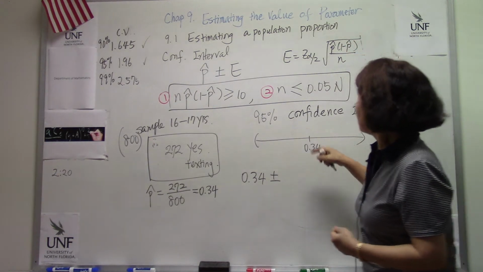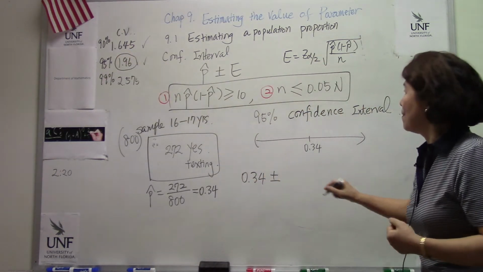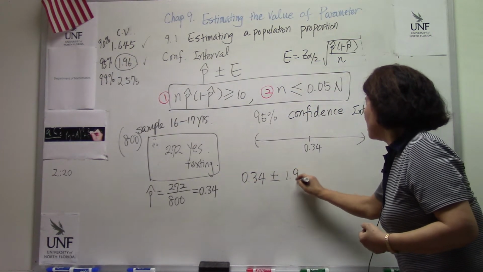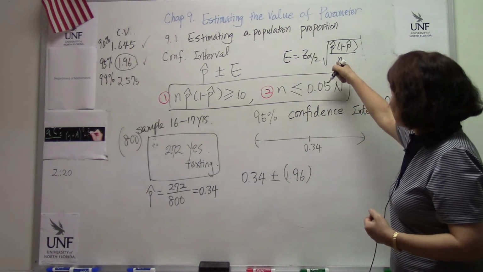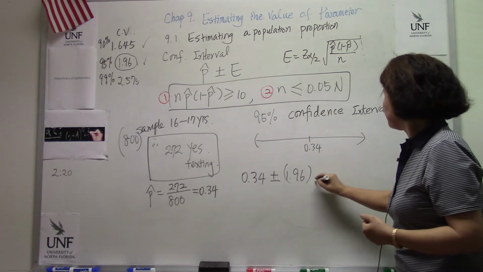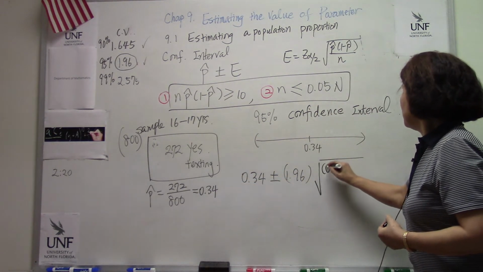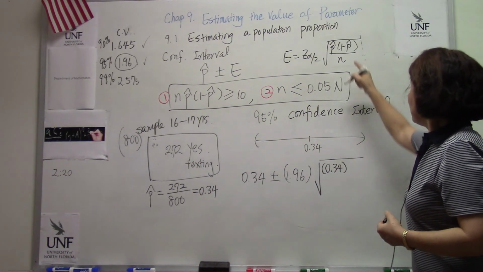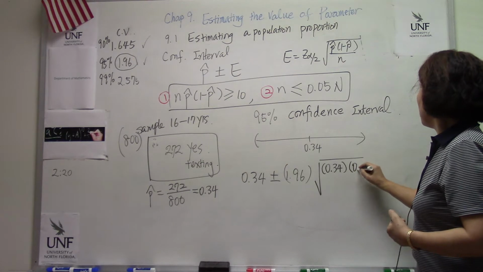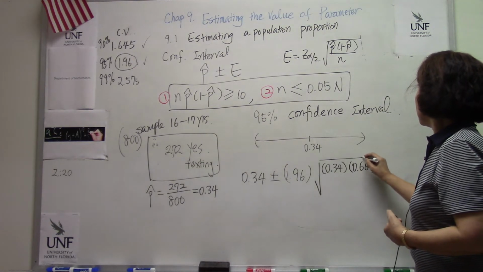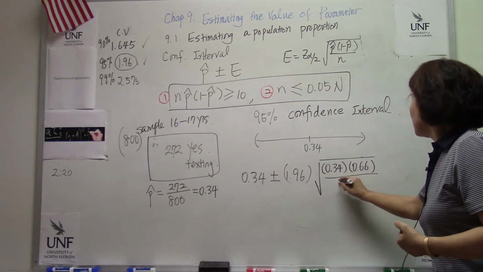For 95%, having this available is a very important thing: 1.96. We already know the meaning. And then this portion, let's calculate that. p hat is 0.34, therefore 1 minus p hat is 1 minus 0.34, 0.66, over the sample size, which is 800.